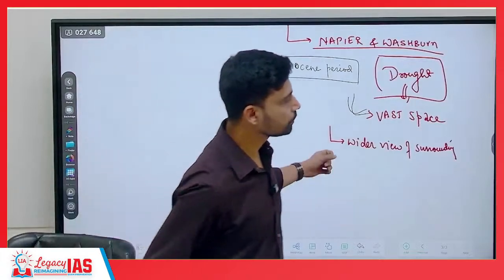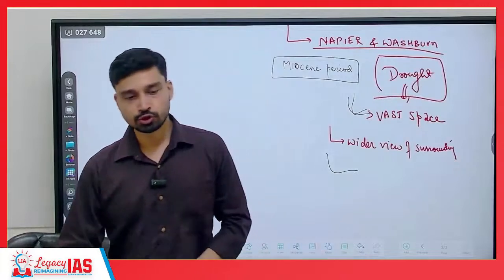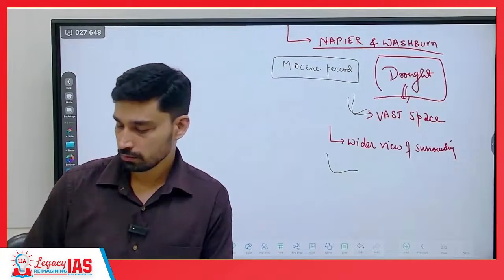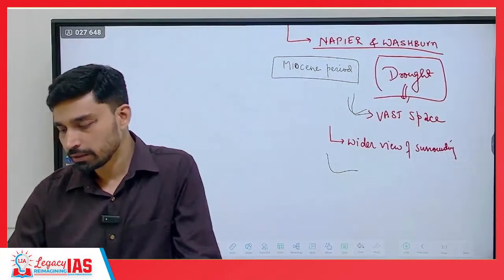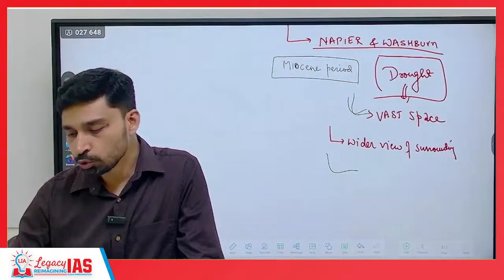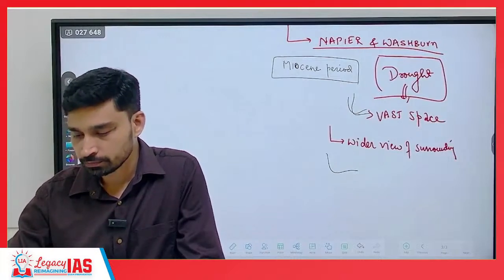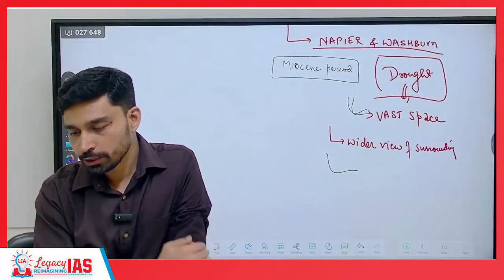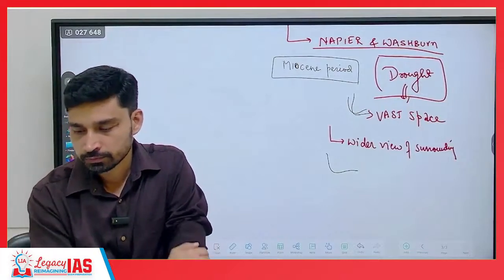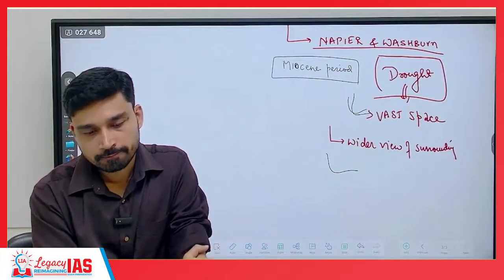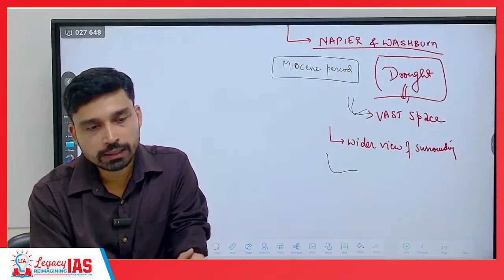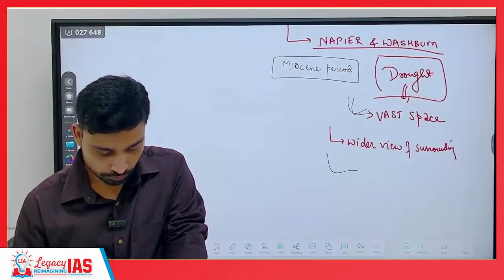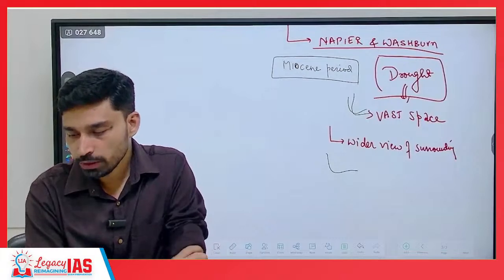So then you can write, this change in environment brought evolutionary pressure as four limbs had to be free.